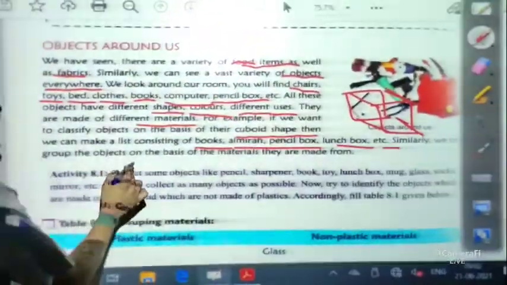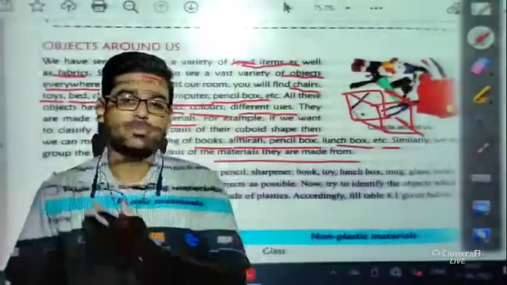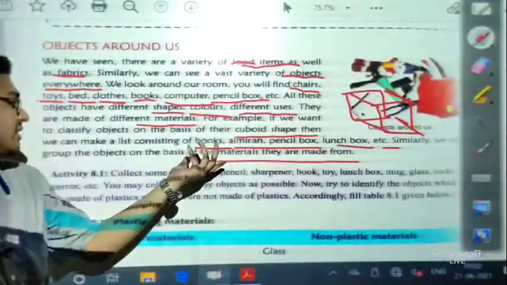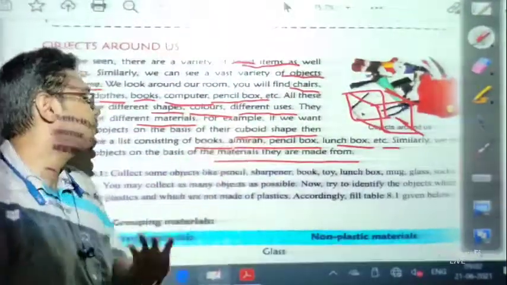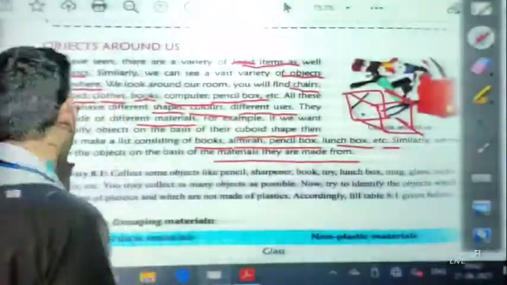Similarly, we can group the objects on the basis of the materials they are made from. So by seeing the shape we can classify the objects, and on the basis of materials they are made of, we can also differentiate the objects. So this is our introduction part.